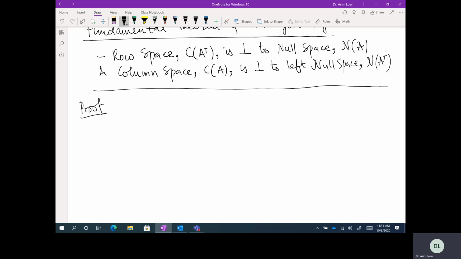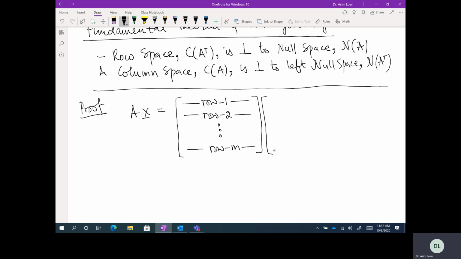So the proof: A times x, you have row 1 here, row 2 here, and this is row m over here. Then you have x over here, and this is equal to 0. So this is how you find x in the null space.